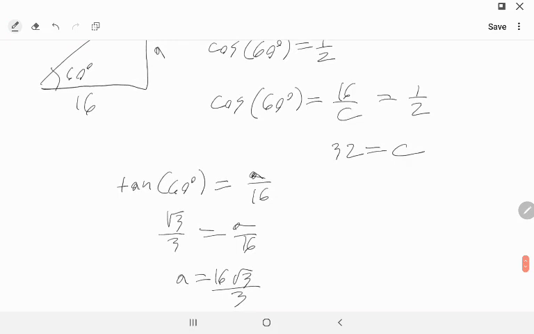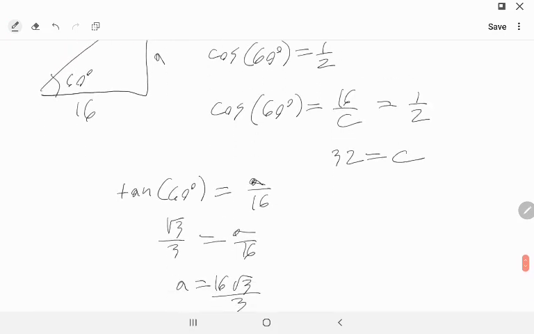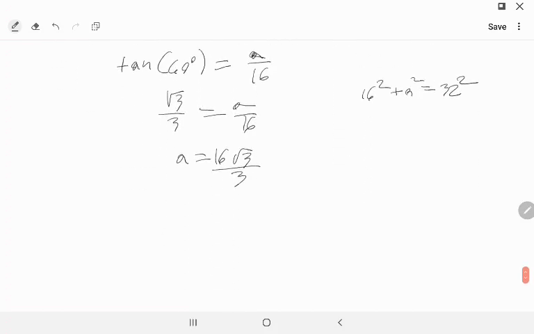If we compare it to the Pythagorean theorem, 16 squared plus a squared would have to equal 32 squared, so we get 256 plus a squared equals 1024.